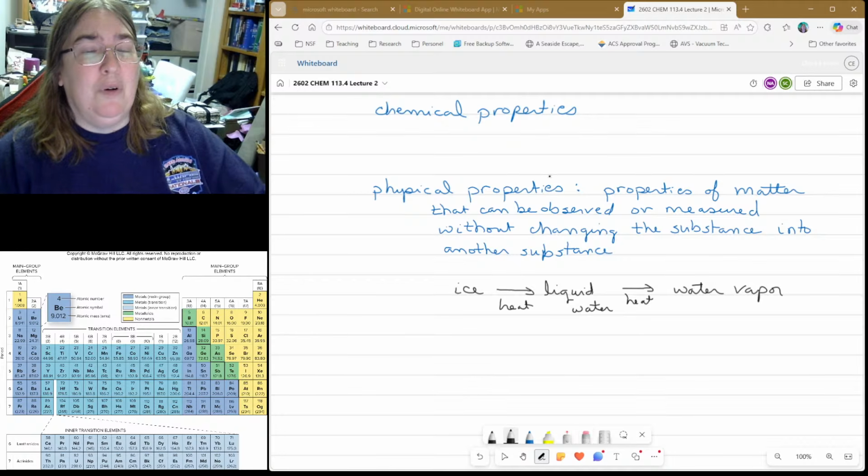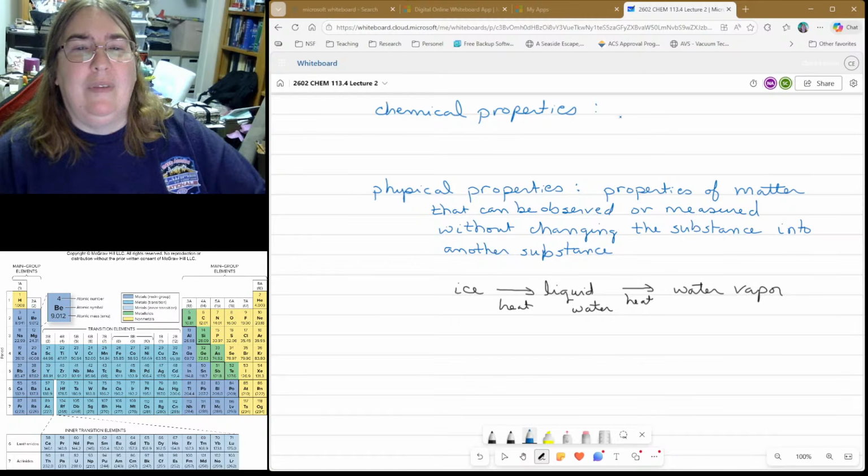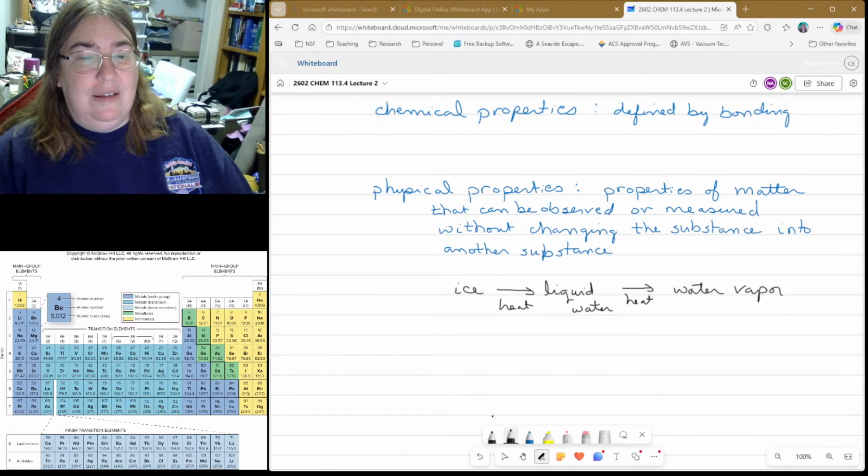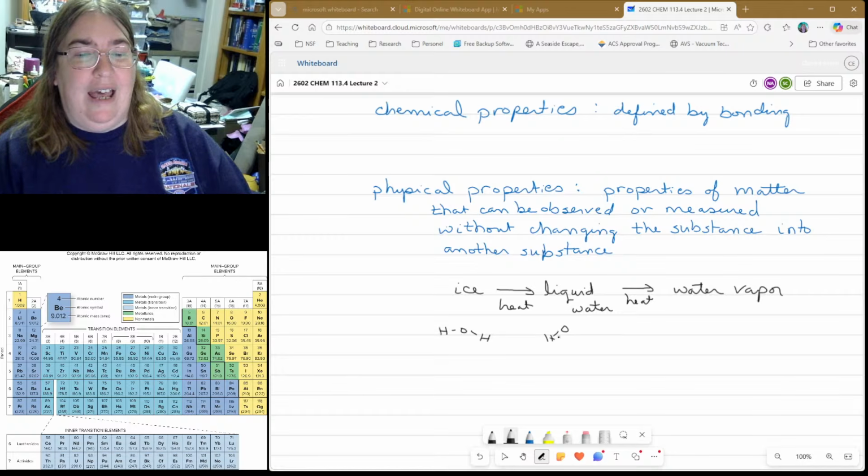And that leads us to chemical properties. So let me go ahead and define that. Defined by bonding. So ice, in terms of the bonding of elements, is that. Liquid is that. Water vapor is this, in terms of the bonding.